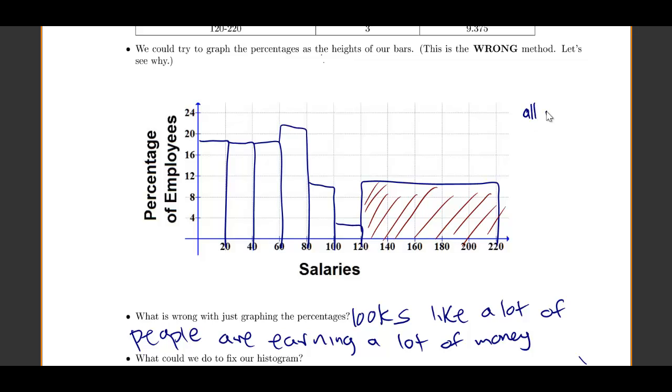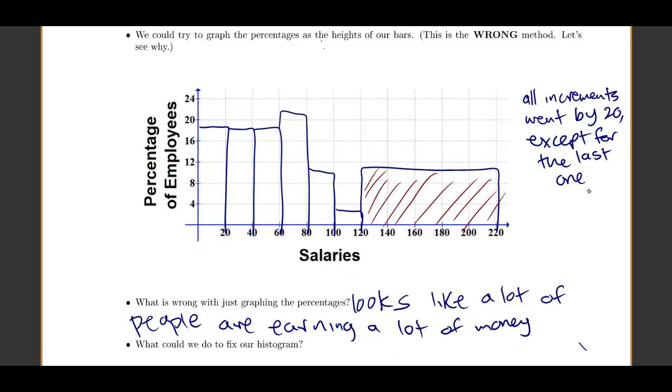So all the increments went by 20 except for the last one. And so again, that makes the last block very big. It's disproportionate to all the rest of the blocks.